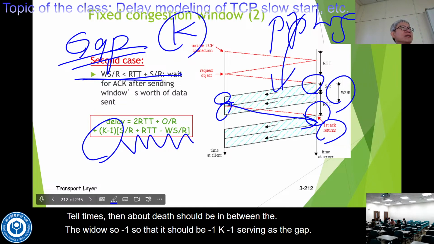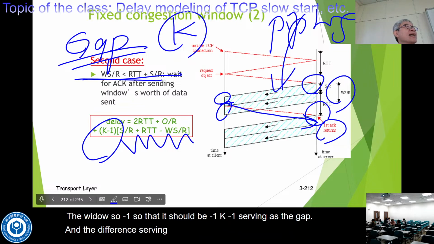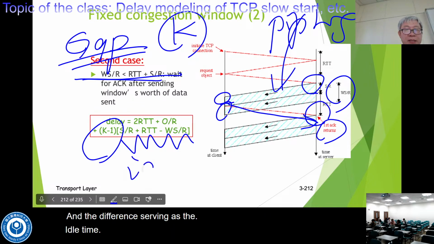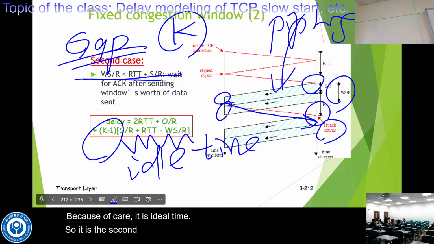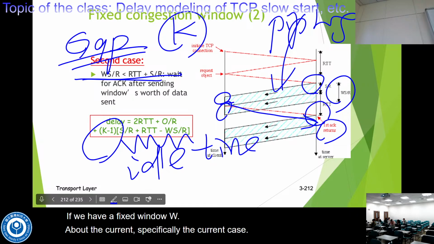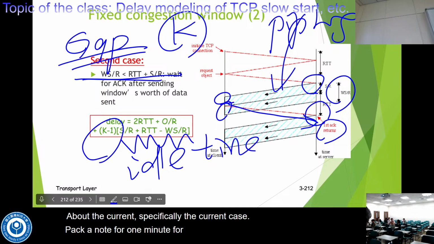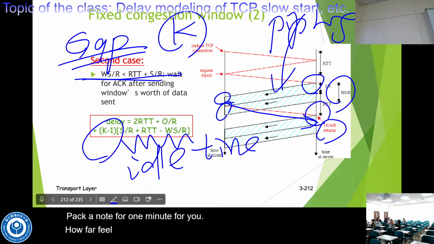And the difference serves as the idle time, because a gap is idle time. So it is the second one: if we have a fixed window W, about the current specific case. Take a look for 1 minute, and of course, feel free to discuss with your neighbor and think about any questions.